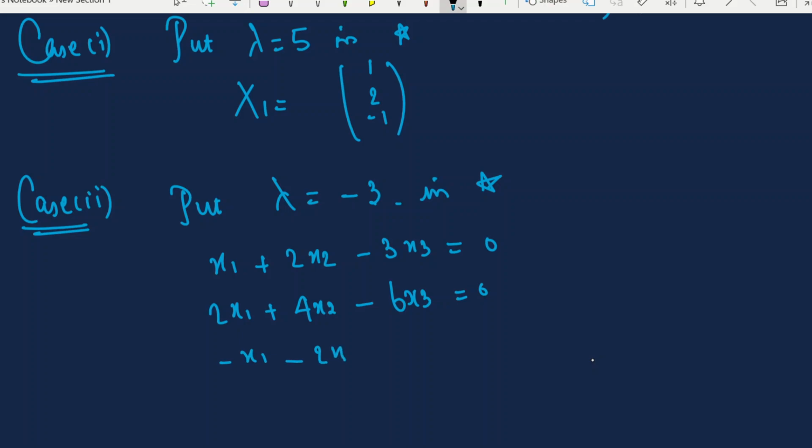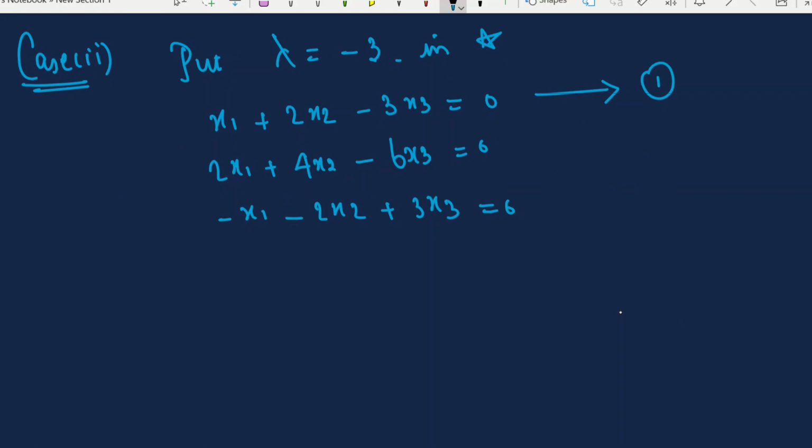Minus x1 minus 2x2 plus 3 times x3 equals 0. So this is the first equation. Here, because 2 is common, if you divide this equation by 2, x1 plus 2x2 minus 3x3 equals 0.